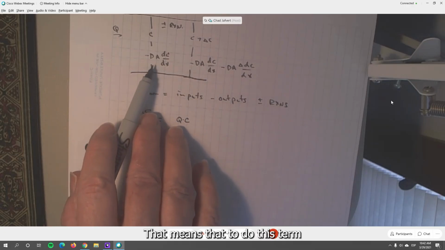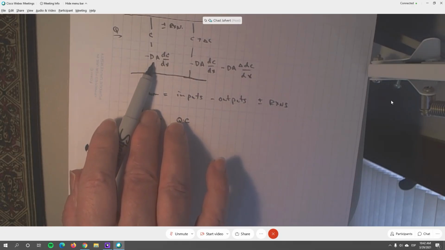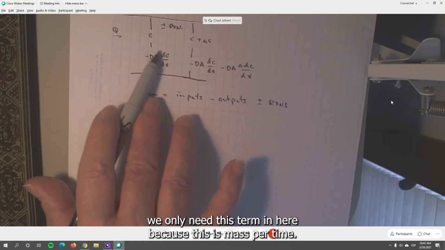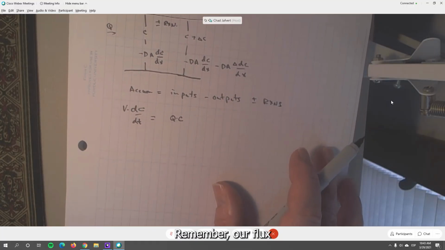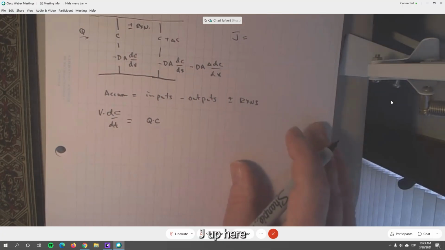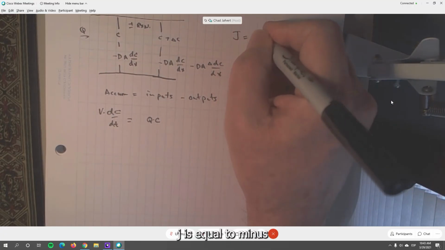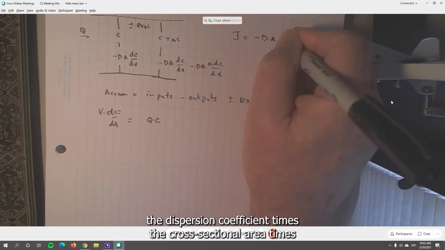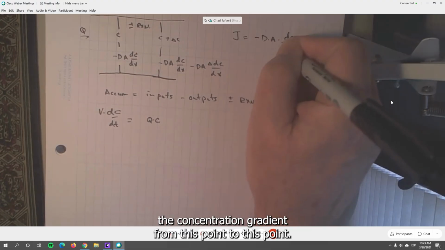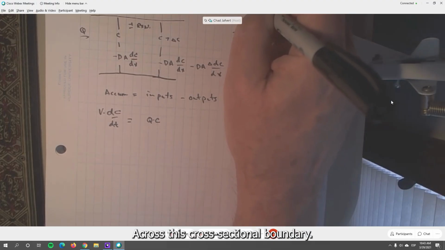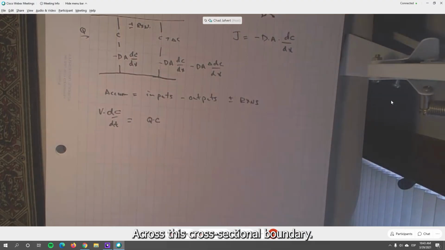That means that to do this term, we only need this term in here because this is mass per time. Remember our flux, J up here, J is equal to minus the dispersion coefficient times the cross-sectional area times the concentration gradient from this point to this point across this cross-sectional boundary.